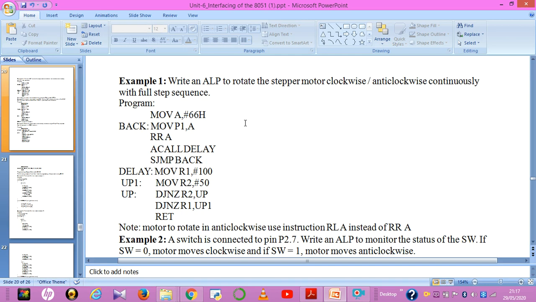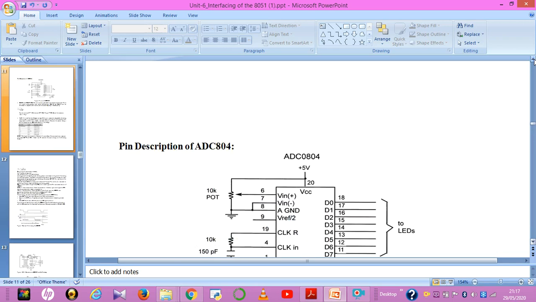According to the table explained now, you have to give MOV A, #66H, the first 4-bit sequence which gives the values. Let's see the values to understand.